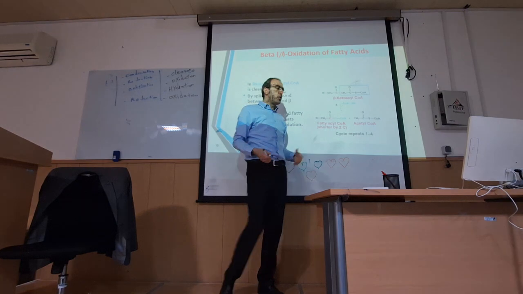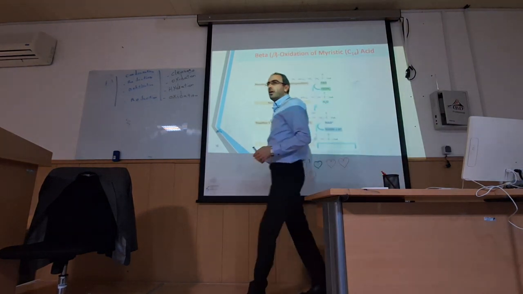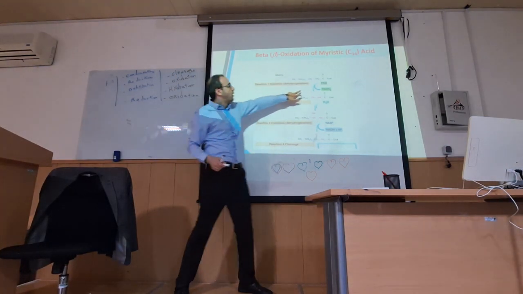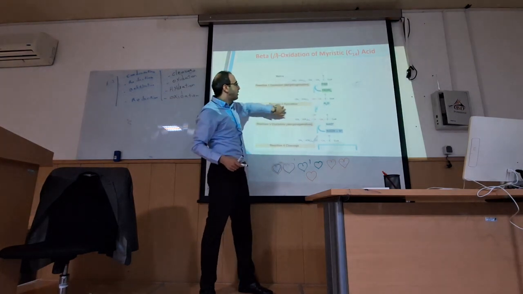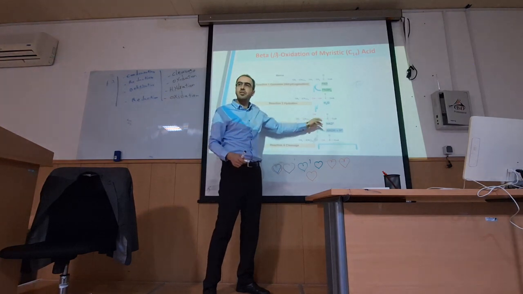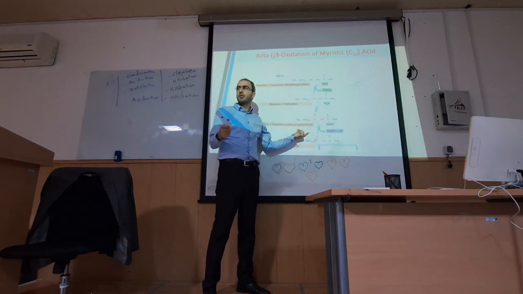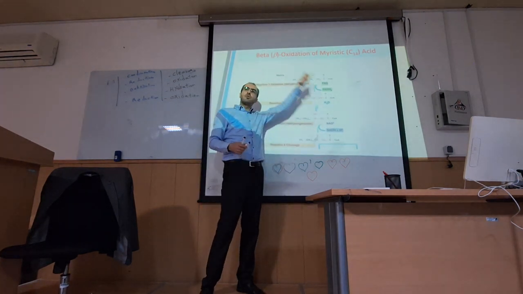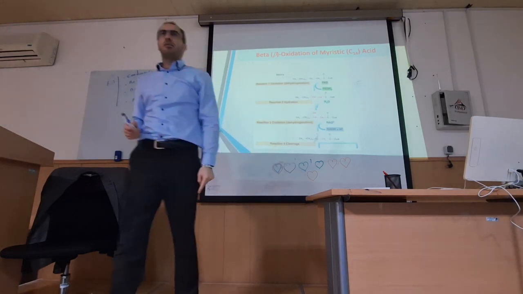To cut the next acetyl-CoA, again we use fatty acyl-CoA dehydrogenase producing FADH2, then hydration, then dehydrogenation. Dehydrogenation and oxidation are similar. And finally, cleavage again, and it goes back for the next acetyl-CoA.